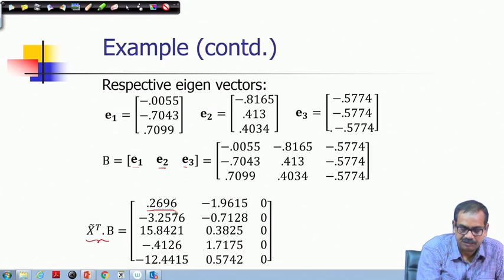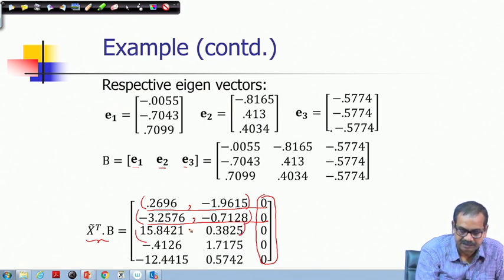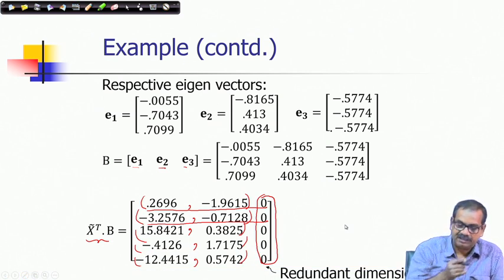So, now this is your new data point translated, and you can see that one of the components is 0, which means now I can represent it in a 2-dimensional space. So, I can represent it, this is a data point, this is another data point, this is another data point like this, ignoring the third dimension. So, this is a redundant dimension.